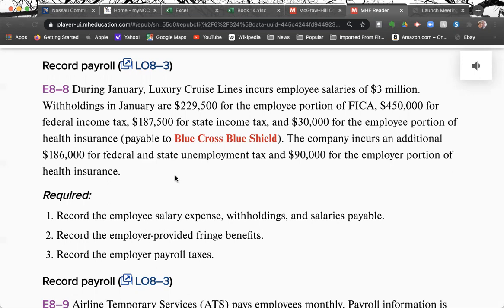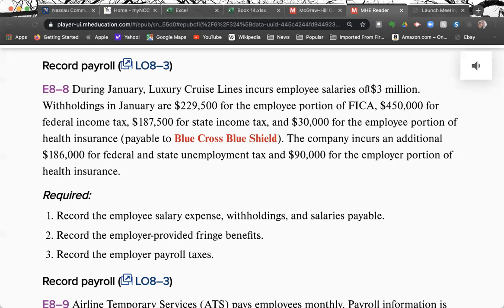So we have 3 entries to make, right? Try to look at it that way. When you read through the problem, you're going to pick things out. The first entry is the employee entry: salaries expense, withholdings, and salaries payable. All the amounts that are coming out of the employee's paycheck.